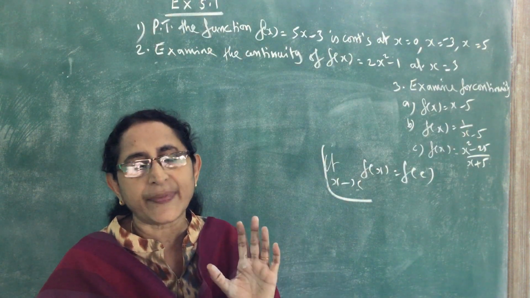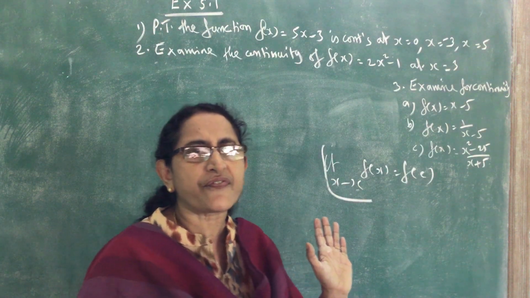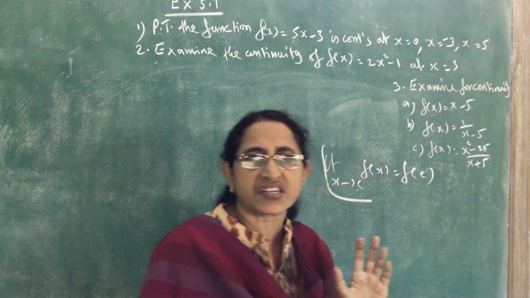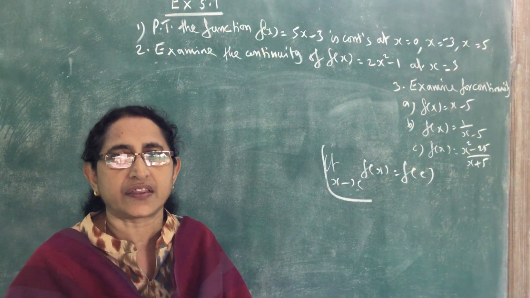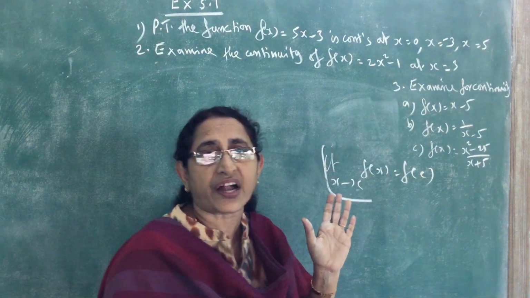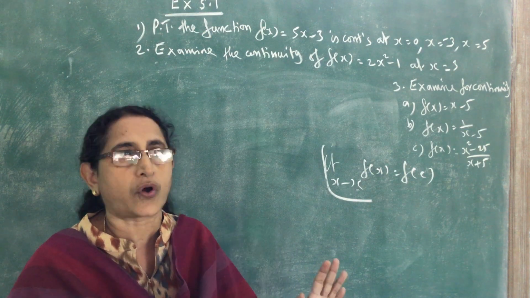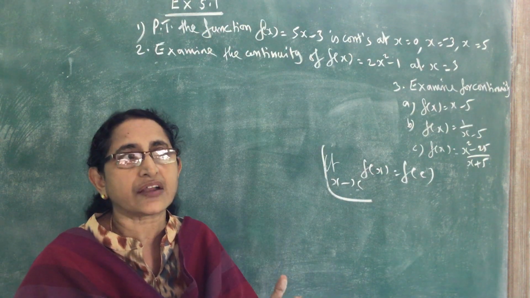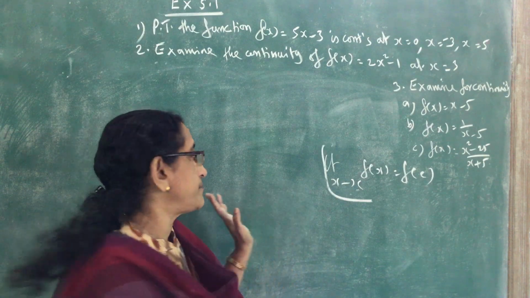We have to examine the continuity of the function generally. Simply, continuity of the function means, when do you say a function is continuous? If it is continuous at every point of the domain, then we say that function is continuous. Here, examine for continuity means we have to find out whether the function is continuous or not. That means we have to check whether the function is continuous at every point in the domain.